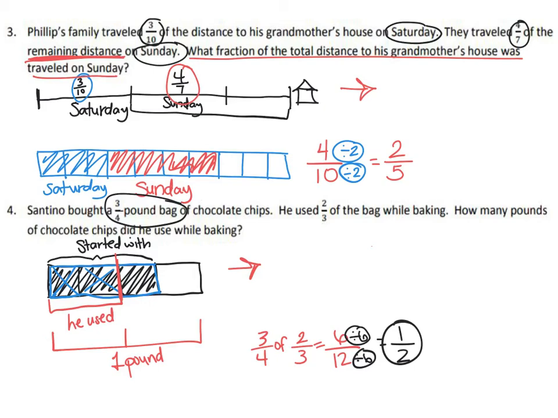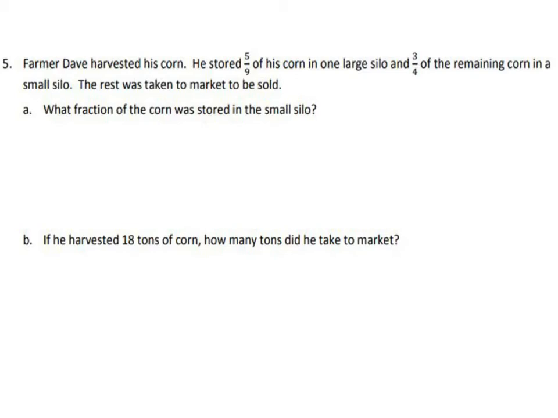Okay, number 5. Farmer Dave harvested his corn. He stored 5/9 of his corn in one large silo and 3/4 of the remaining corn in a small silo. The rest was taken to market to be sold.